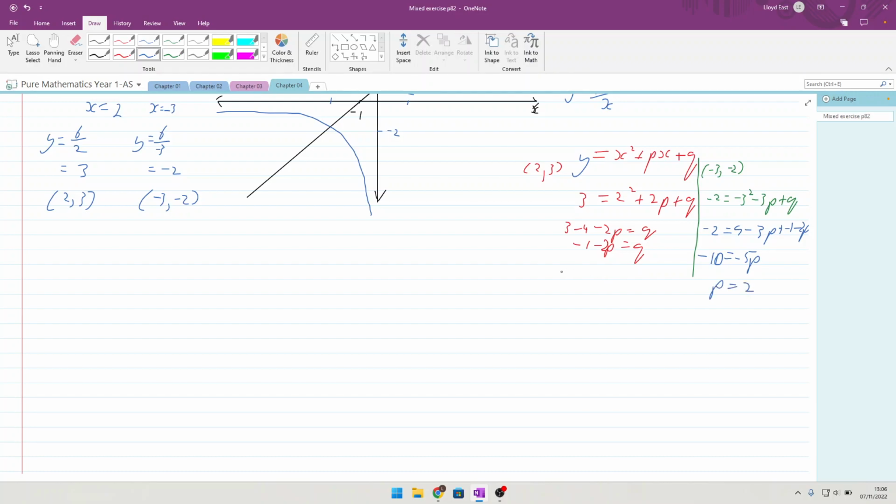Substitute it back in here. -1 minus 2 times 2 equals q. -1 minus 4 equals q, so -5 equals q. That all seems fine. Right then, add C to your sketch. So we know that the q is -5.